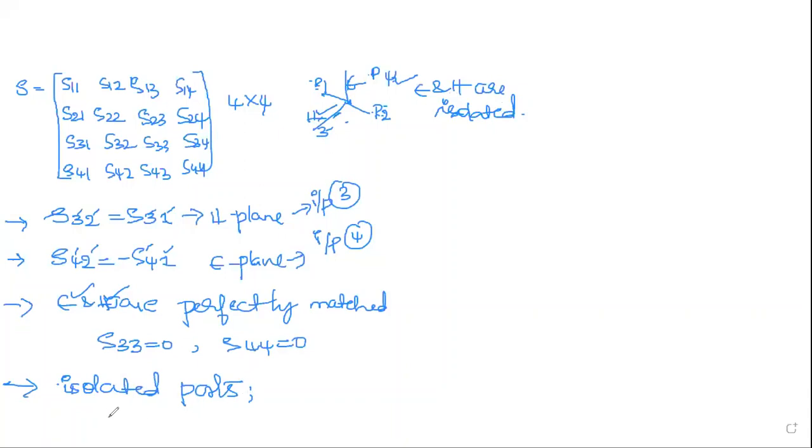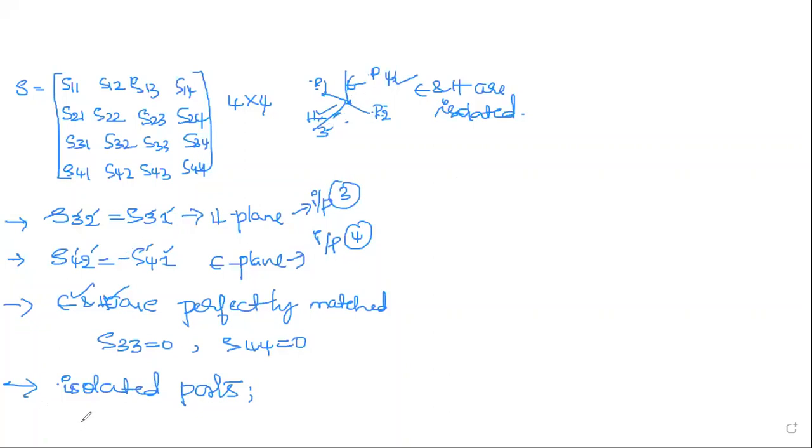Can you tell me which S parameters define these isolated ports? For example, I'm giving input across port 3. I should not get the output across port 4. Which is the S parameter? S34 and S43.